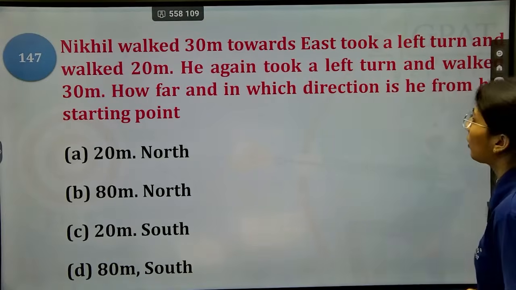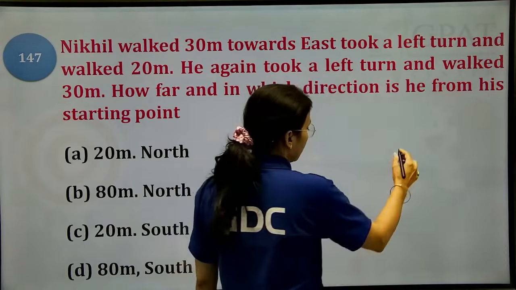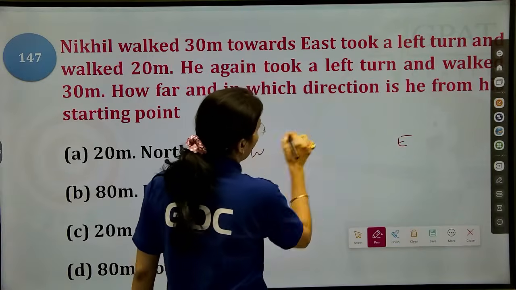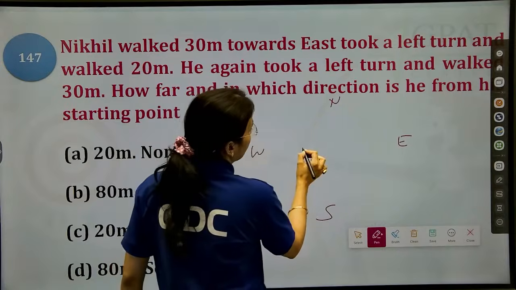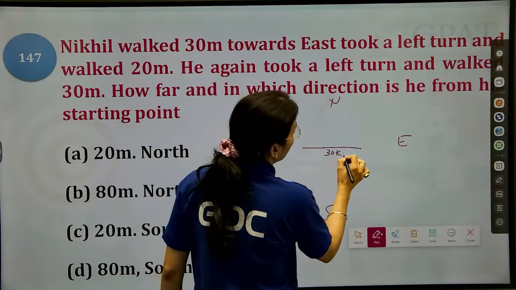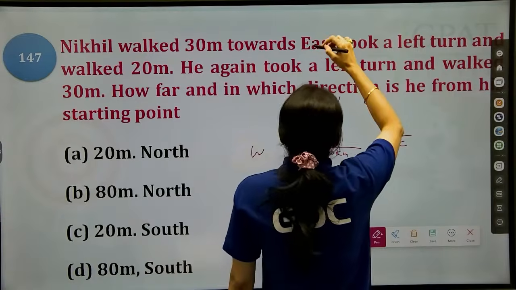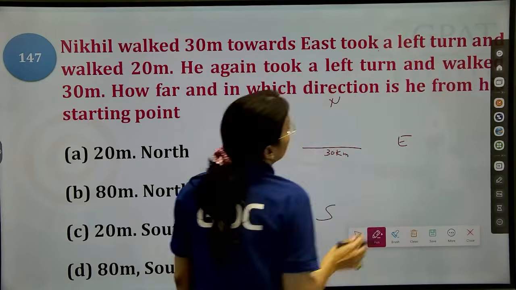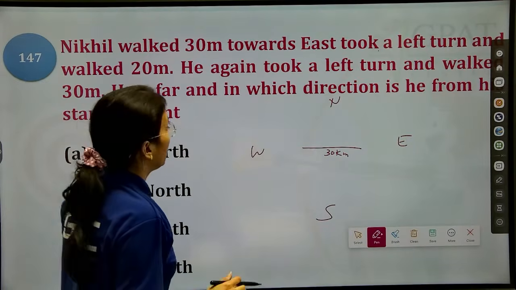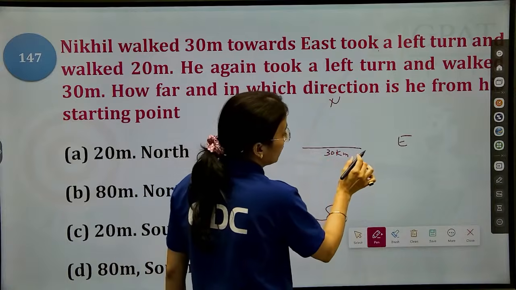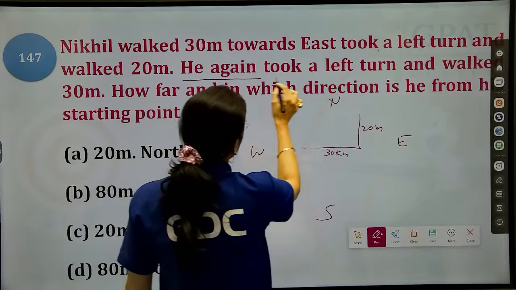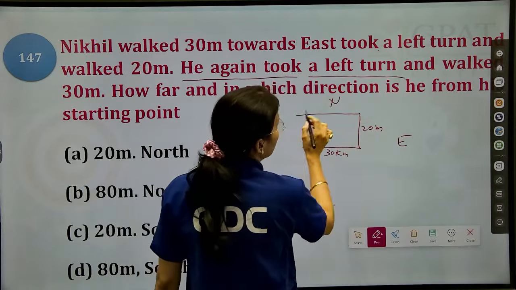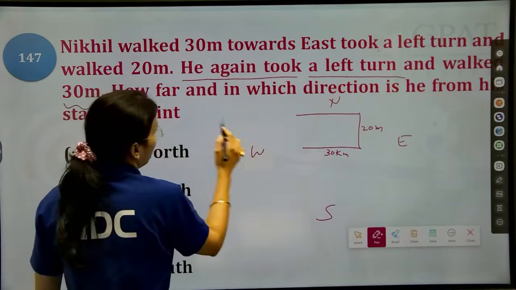Nikhil walked towards east, here is east, west, north, south. Nikhil walked towards east 30 kilometer, took a left turn and walked 20 meter. Now from here he took a left turn, that is 20 meter. He again took a left turn and walked 30 meter.